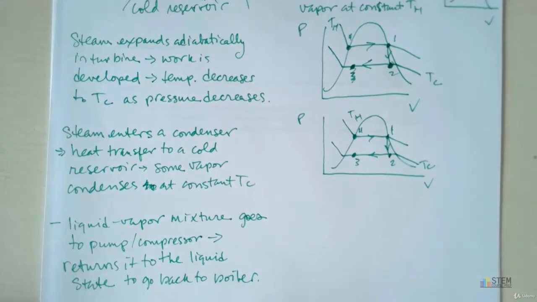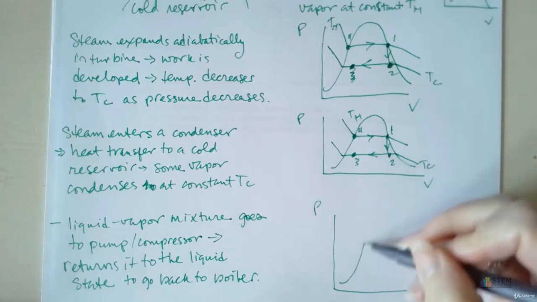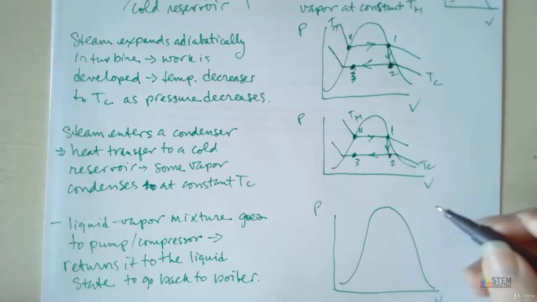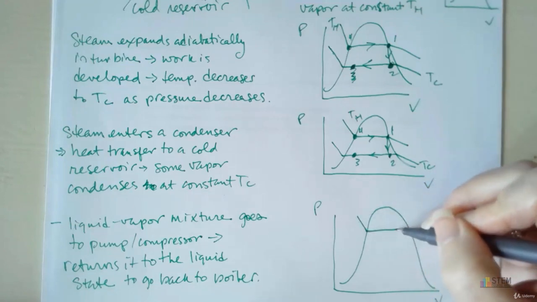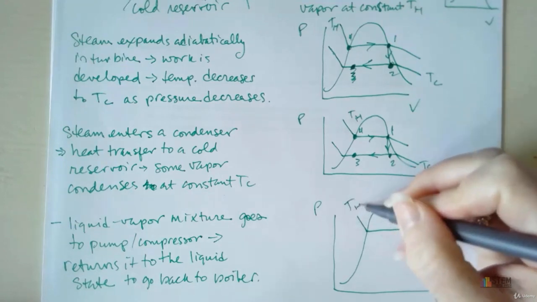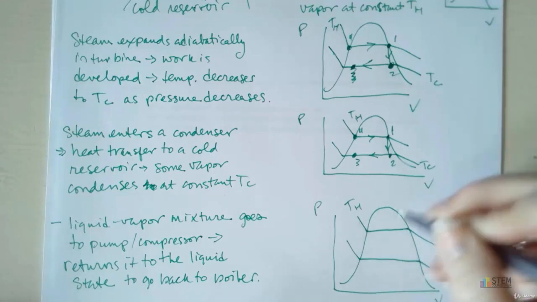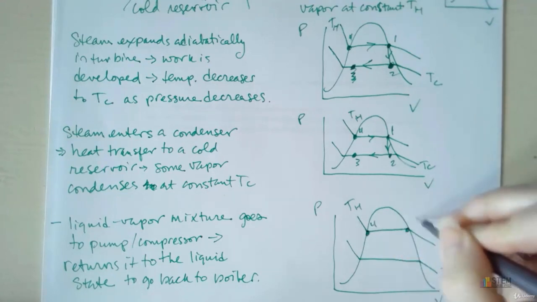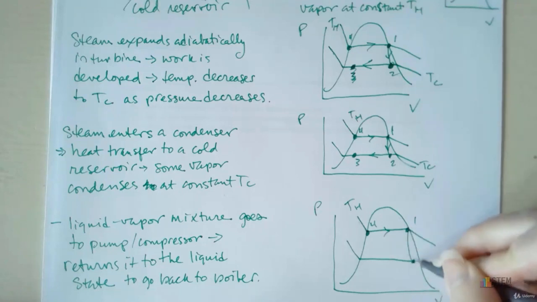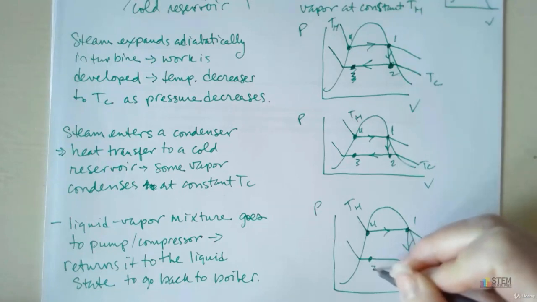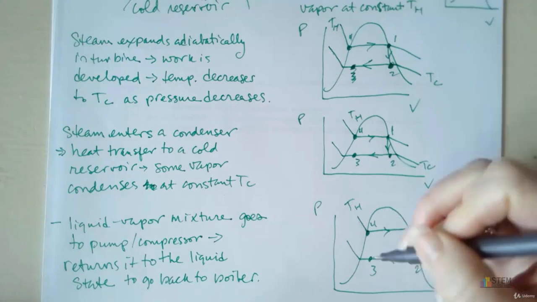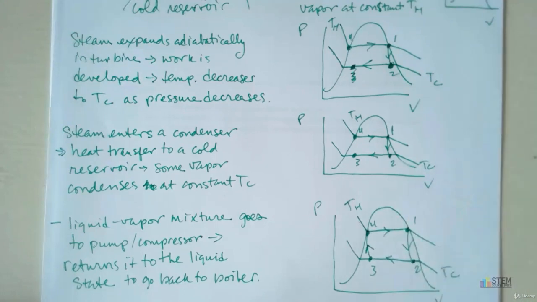Okay, now if we draw that one on one of these PV diagrams again. Let's put everything back on here. So we got TH, you got TC, and then label your states. Now we're going to go back up that way.